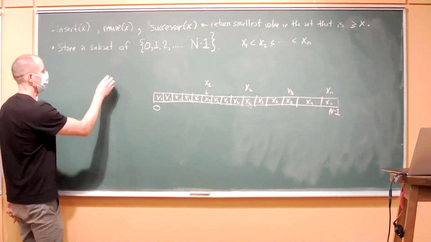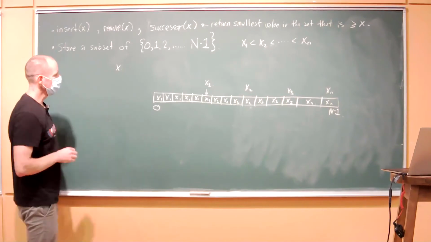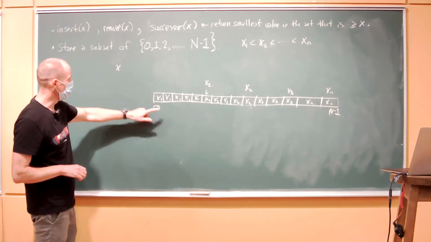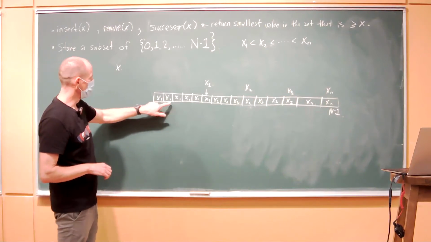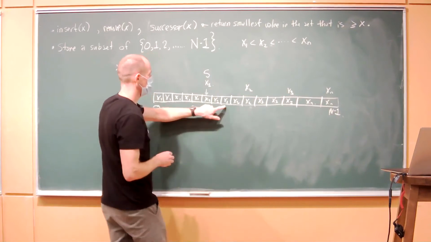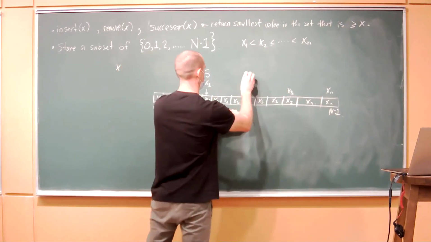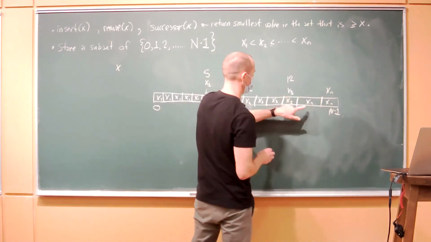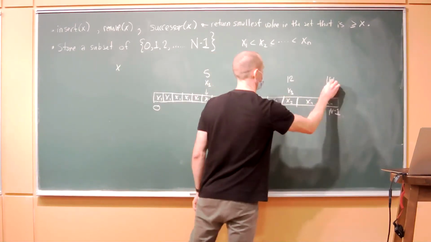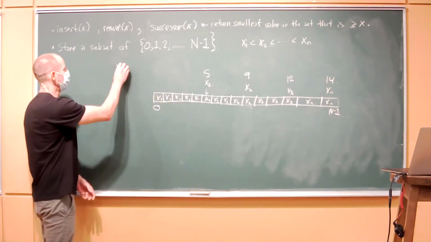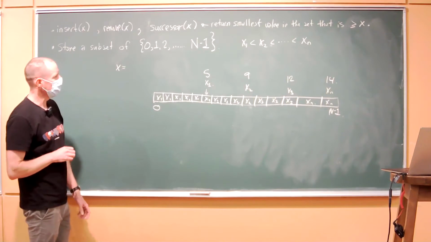Now I come along and I search for x, and these numbers here, I can really say explicitly what they are, so no one's confused. 0, 1, 2, 3, 4, 5, 6, 7, 8, 9, 10, 11, 12, 13, 14. So I come along and I want to search for some value x.